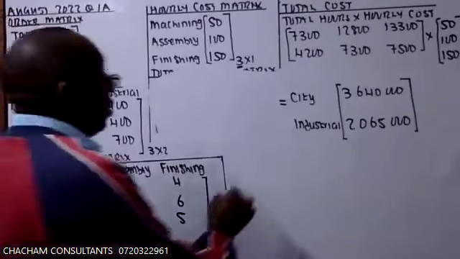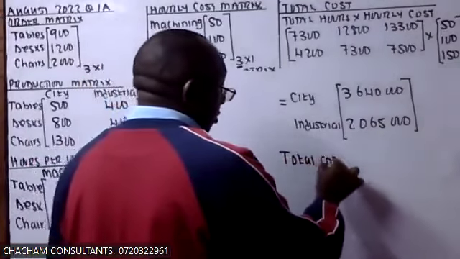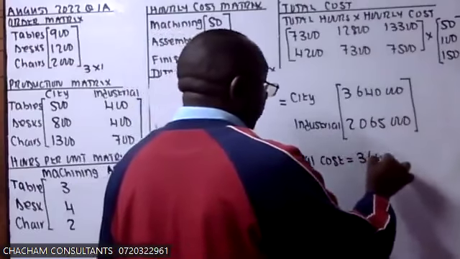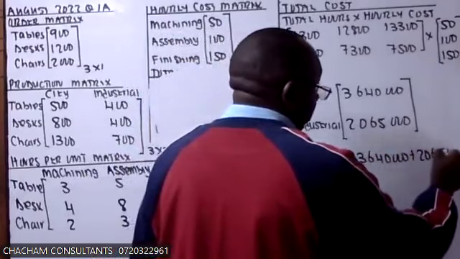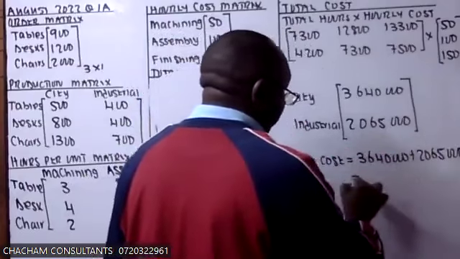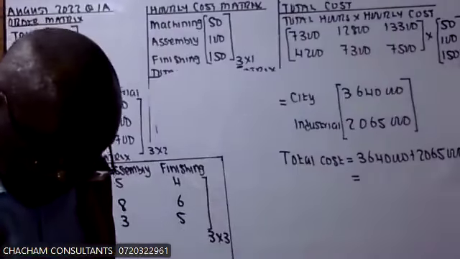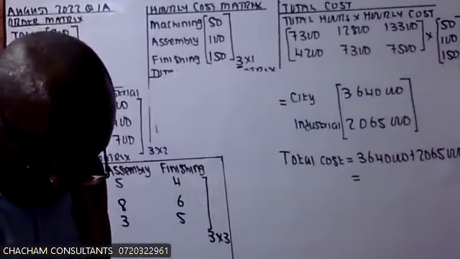So the total cost should then be this: 3,640,000 plus 2065.